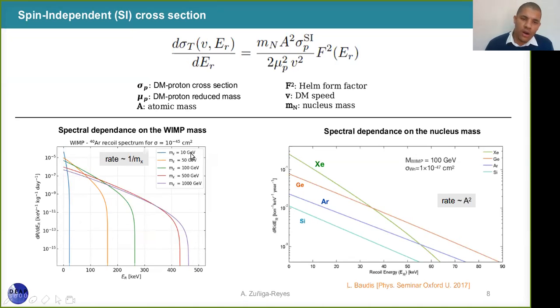If the WIMPs are heavier, the rate will decrease as a function of the recoil energy. And also the rate is dependent on the nucleus mass. This means that if we use a heavier target, we will have a higher rate.